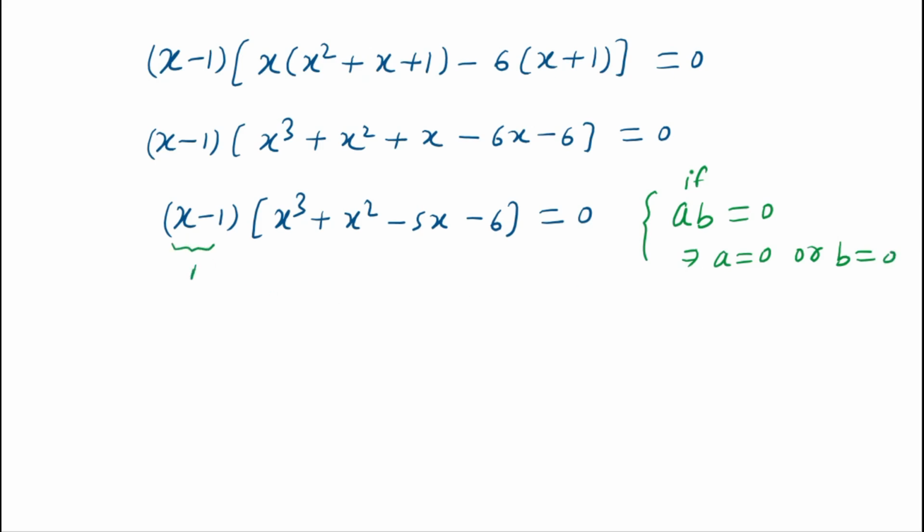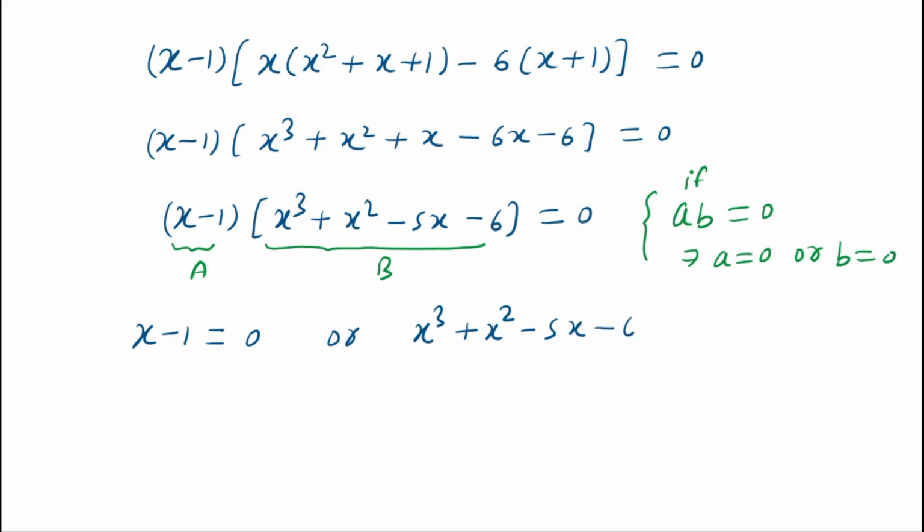Assume x − 1 is a and this expression is b. If we apply this rule, then x − 1 is equal to 0 or x³ + x² − 5x − 6 is equal to 0.